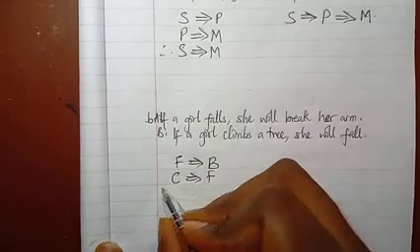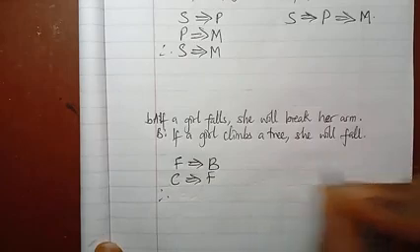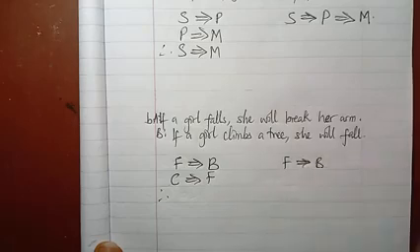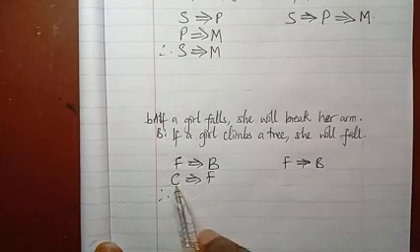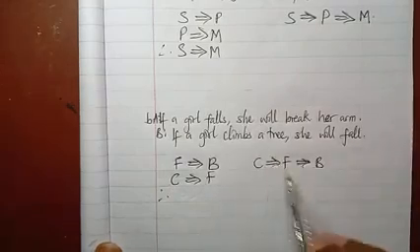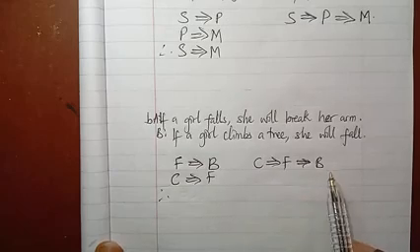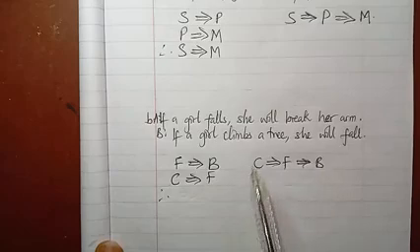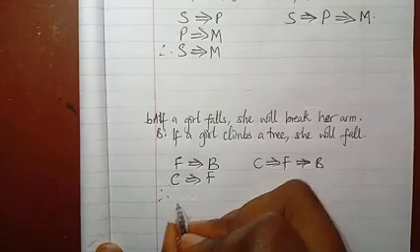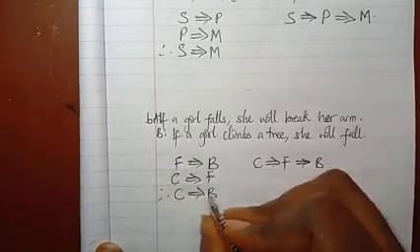We are now asked, what is the conclusion we can draw from these premises? Let's have it in a chain. Falling implies breaking of arm, and climbing implies falling. So if this girl climbs a tree, she'll definitely fall, and when she falls, she'll definitely break her arm. Our conclusion is that the first implies the last one. Therefore, if this girl climbs the tree, she will break her arm.